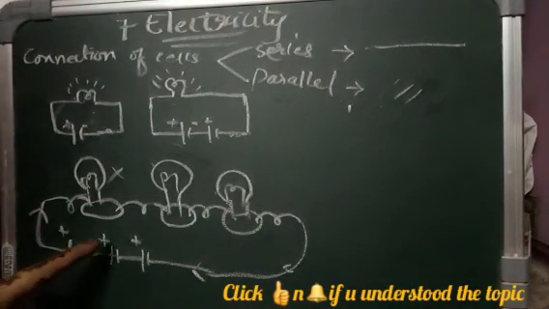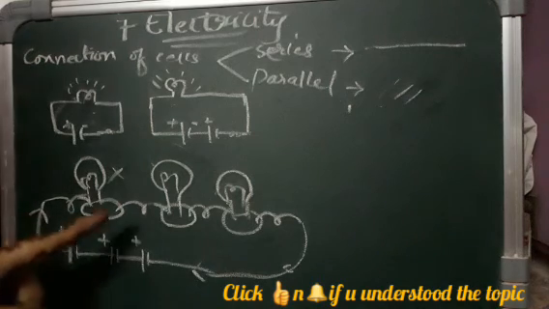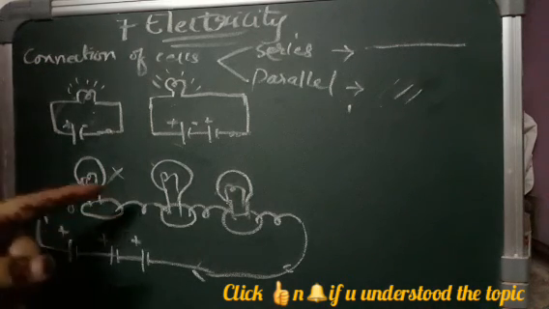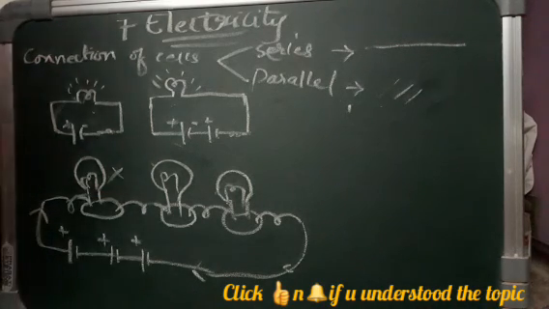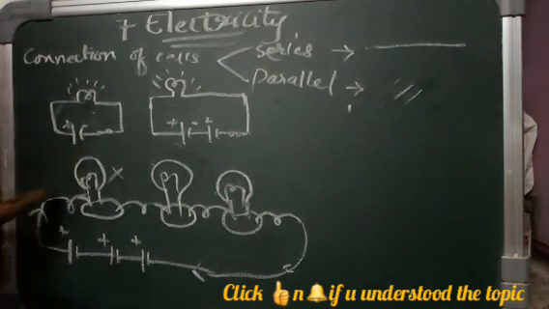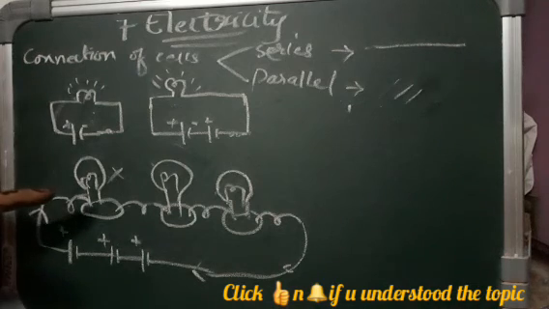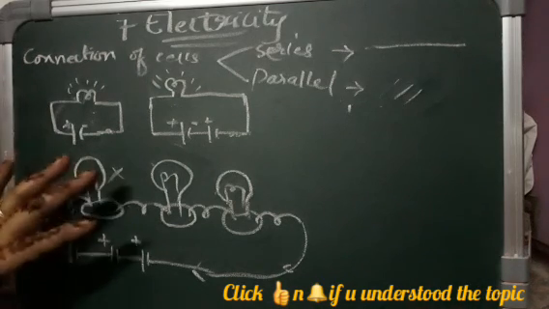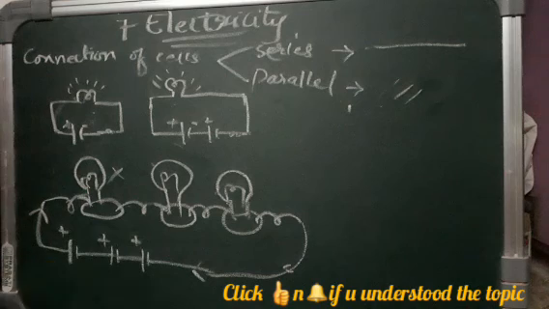So here we see that when we have connected bulbs in series, if one bulb gets fused, all the other bulbs in the series will stop glowing. It means that when one bulb is disconnected, the other bulbs do not glow.